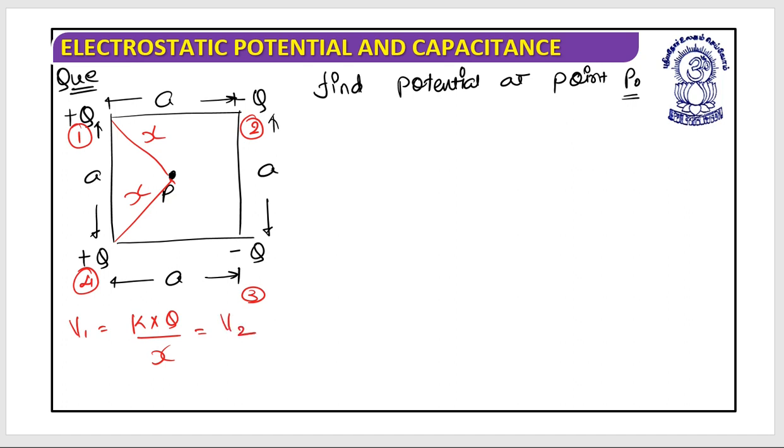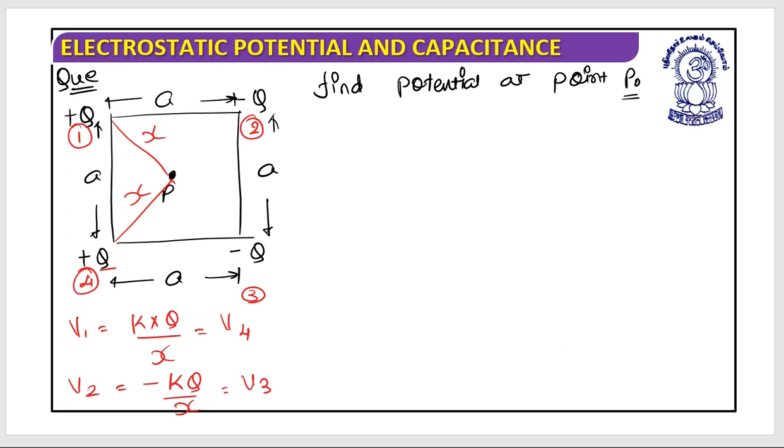V3 is for a negative charge, so it is minus kq by x. V4 is also minus kq by x, while the other two are positive.